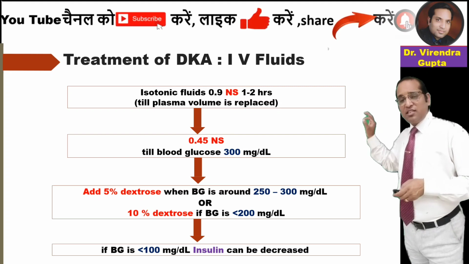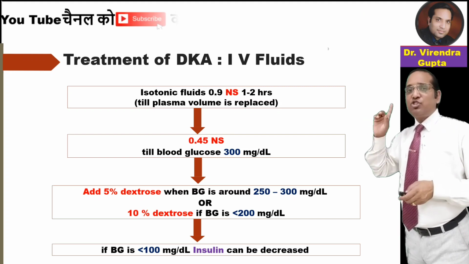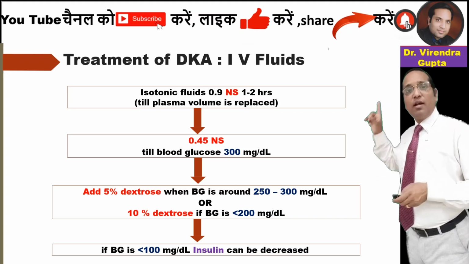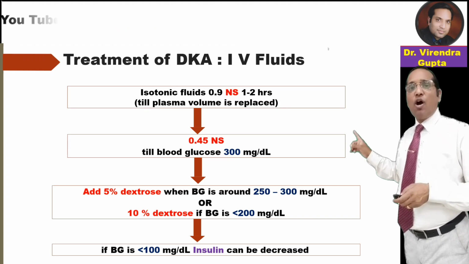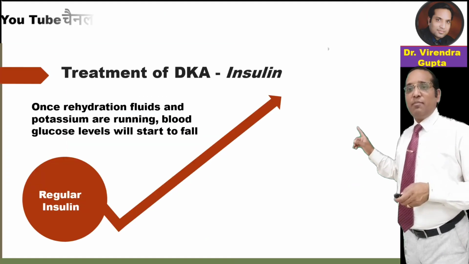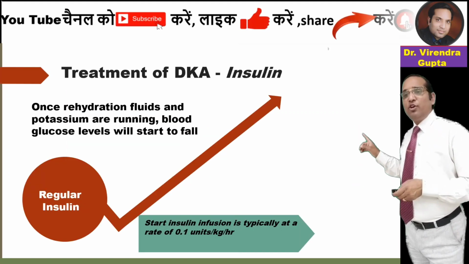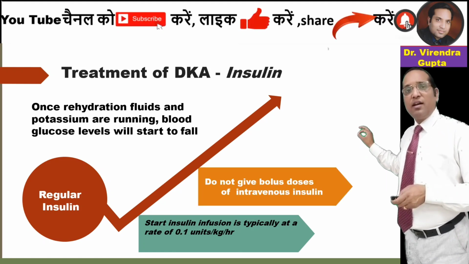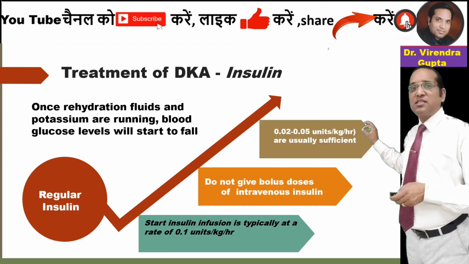So guys, this is very important, and we should not correct dehydration or hyperglycemia rapidly, because it may cause cerebral edema. Insulin is to be started at the rate of 0.1 international unit per kg per hour, and it should not be given as a bolus.